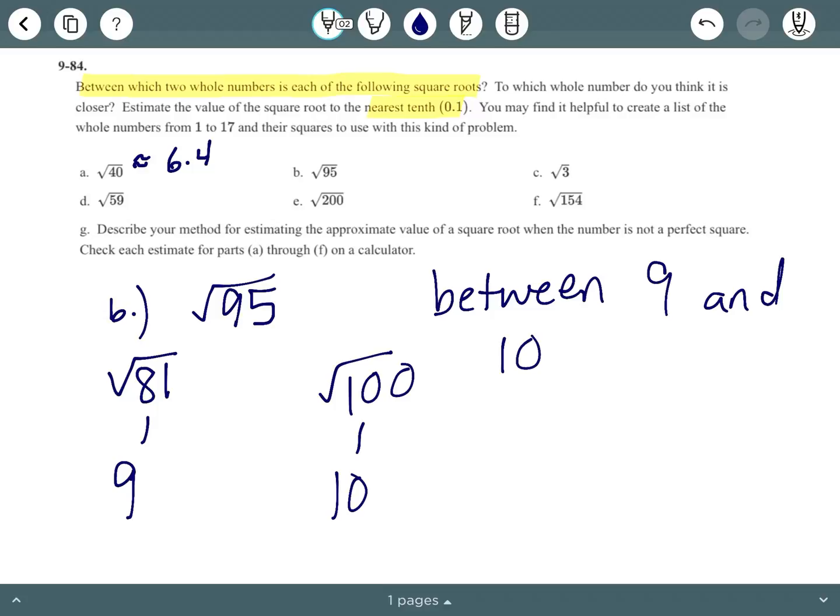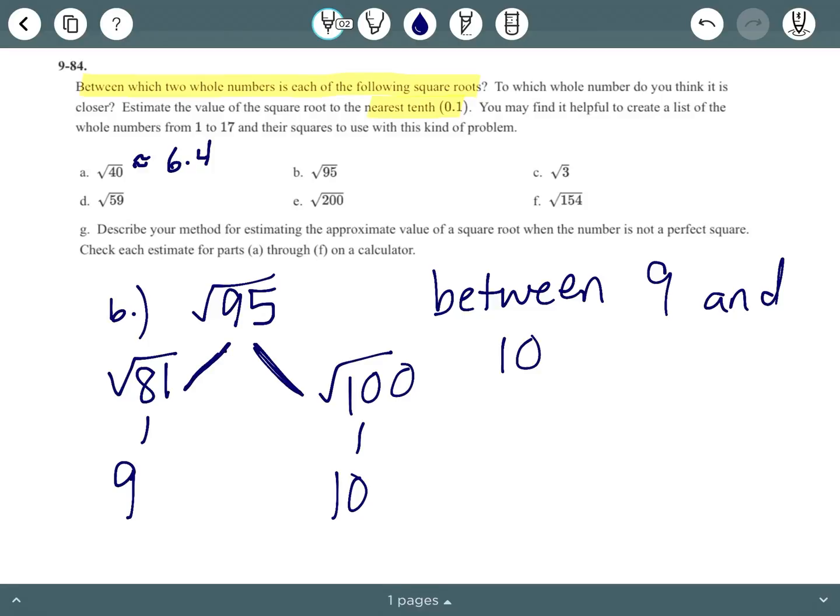Now, you'll see that it is almost equidistant between 81 and 100, between those two perfect squares. It is a difference of 5 here and a difference of 14 here.